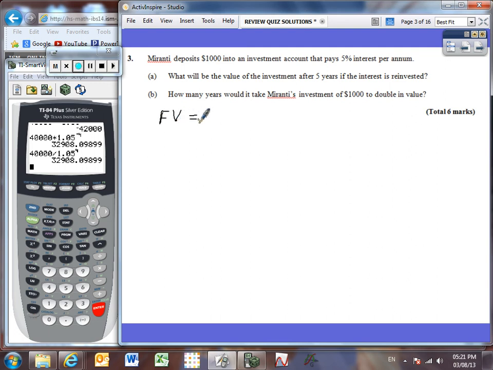Our future value of some money is going to be equal to the original or the current value of the money, which is then being acted on by a growth rate of 1 plus our interest rate, 5%. And then I've also got, well, how many times am I compounding each year? It just says annually, so I'm only compounding once a year. And so it's only a 1 which is being multiplied by the number of years.